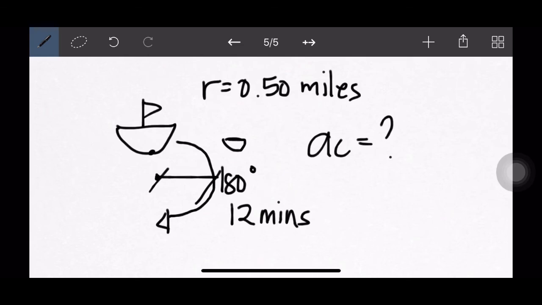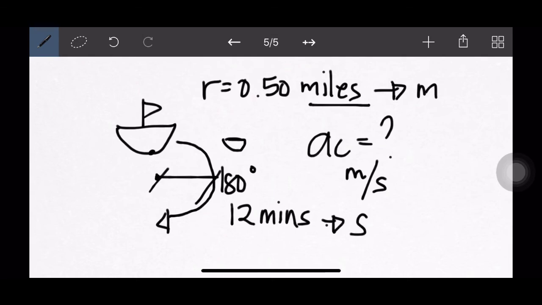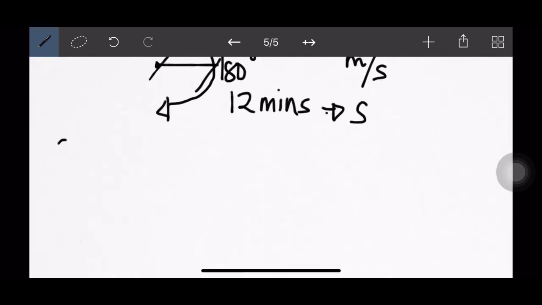Right? So let's try to look at the units of our variables. The radius is in miles, so we have to convert this to meters, because what's asked here is the centripetal acceleration in meters per second square. And the time is in minutes, so you have to convert that to seconds too. First things first, let's convert our units.